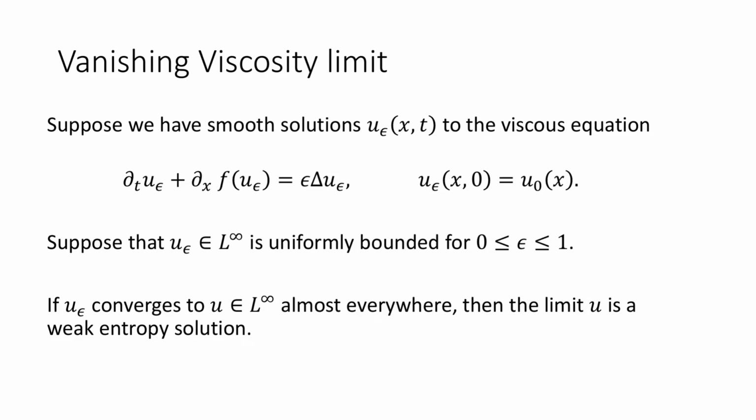Now, why is this notion of weak entropy solution a physically relevant, a good notion of solution? At first, it looks fairly abstract. However, we can relate it to the vanishing viscosity limit that we've encountered earlier in the discussion of Burgers' equation.